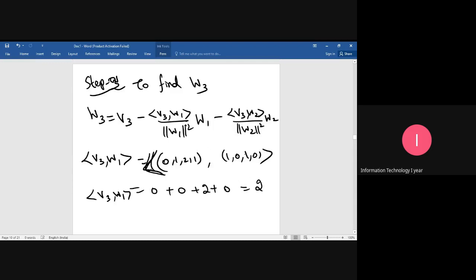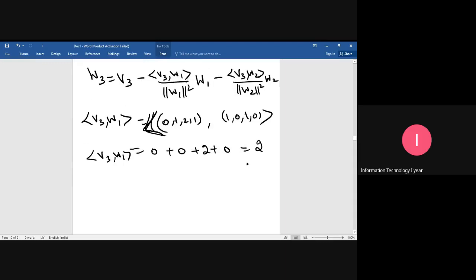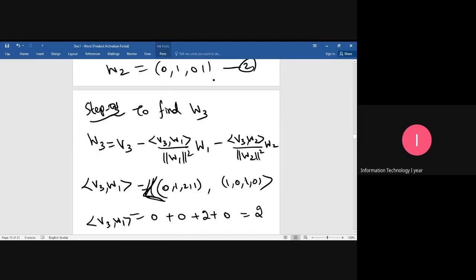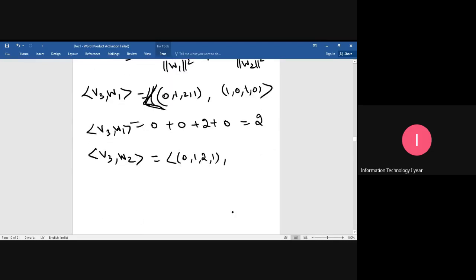Norm W1 square we calculated already. This is actually 2. V3 comma W2 we need. So inner product of V3 comma W2, V3 substituted 0, 1, 2, 1, and W2 is 0, 1, 0, 1, right?